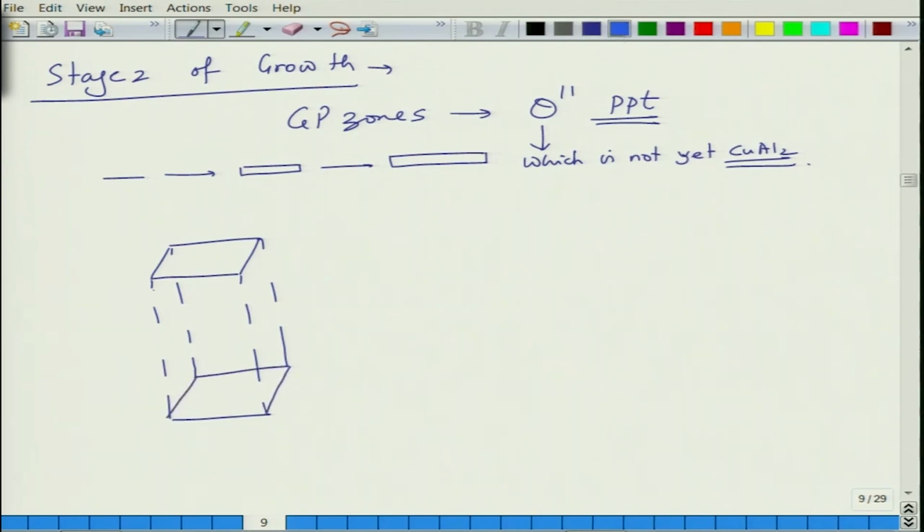Let us say we have aluminum atoms like this, and in between we are forming these zones of copper layers, and let us say these copper atoms are, and then on top we have aluminum again.